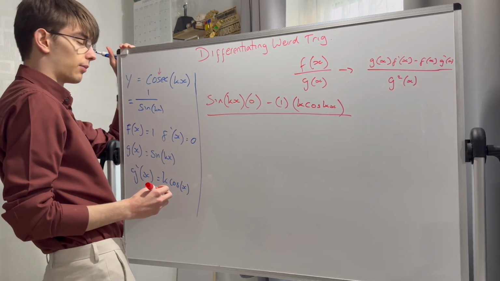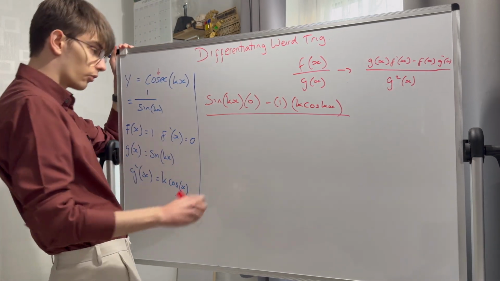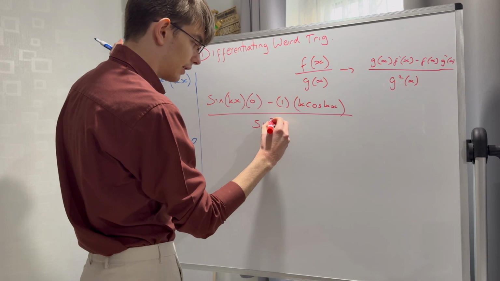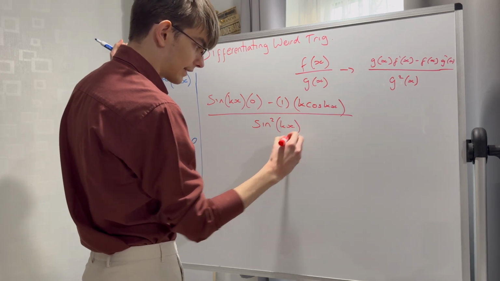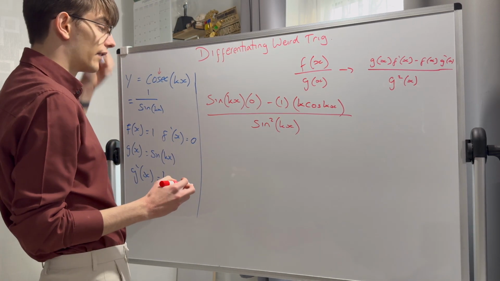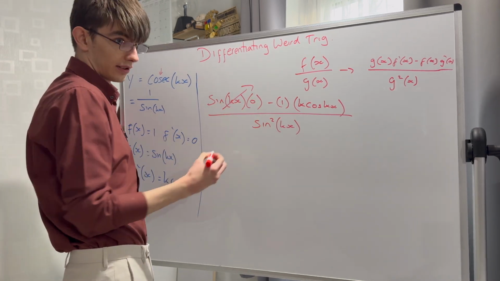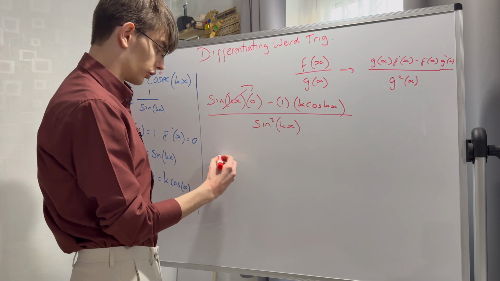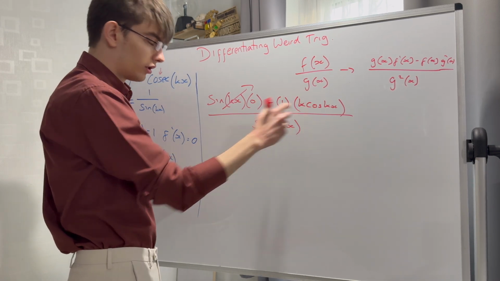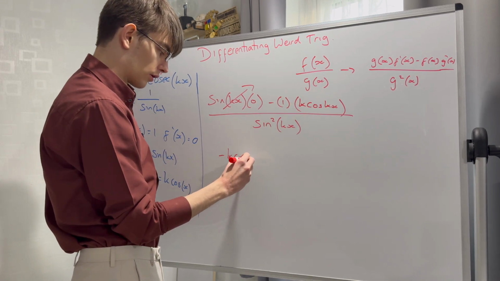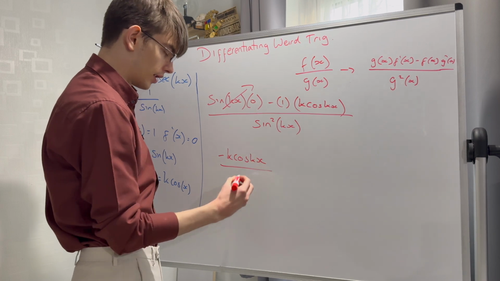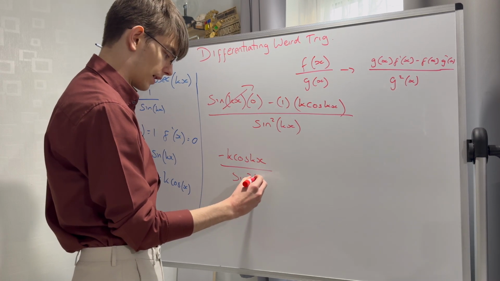All of that divided by g of x squared, which is sine squared kx. Okay, now let's simplify this. Sine kx times 0 is just 0, so that disappears. On the top, I'm going to have minus 1 times k cos kx. And on the bottom, sine squared kx.